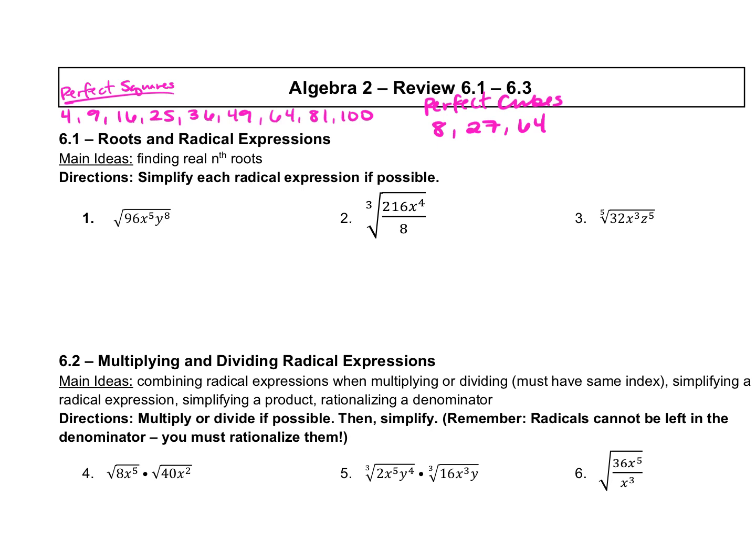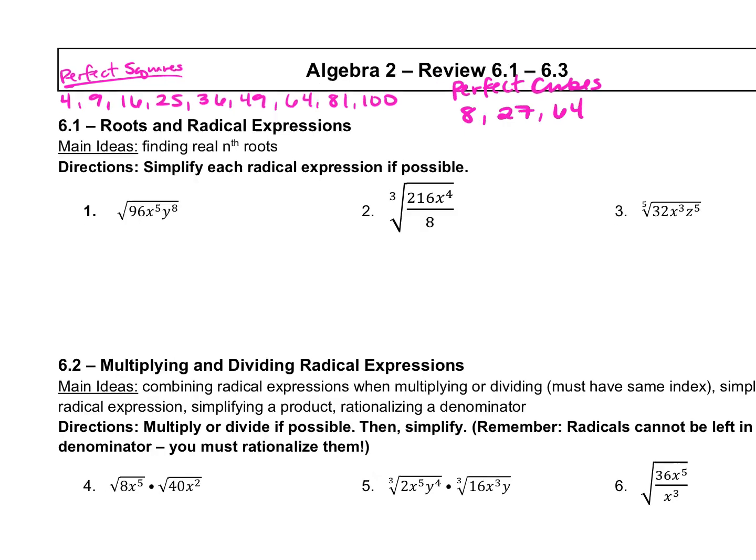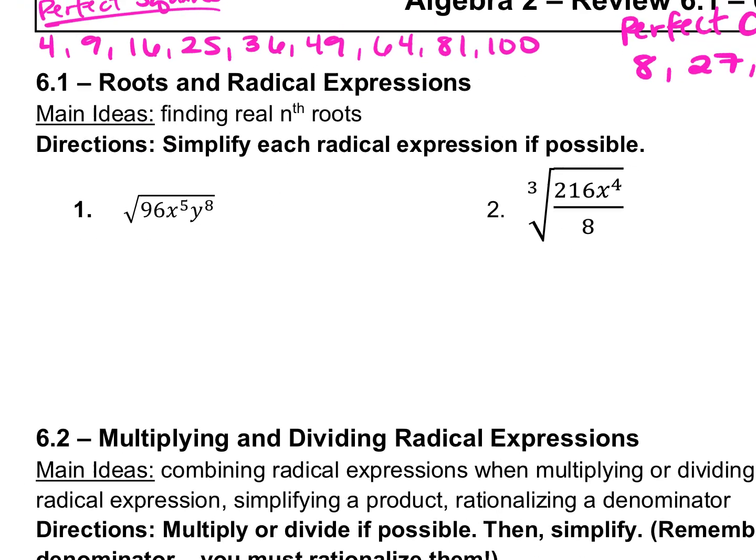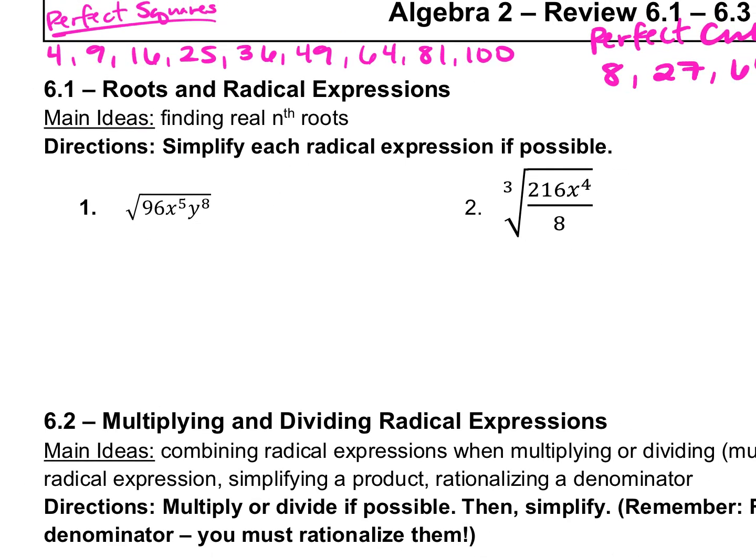So what we're doing in this first setup is we're just simplifying an expression here. Probably should have grabbed my calculator. We'll see how this goes. So the square root of 96 x to the 5th y to the 8th, you are looking for the perfect square and the not so perfect square, right, is how we usually set it.